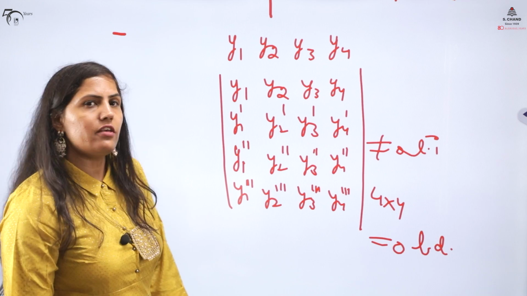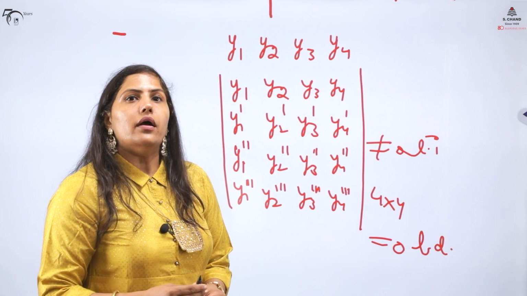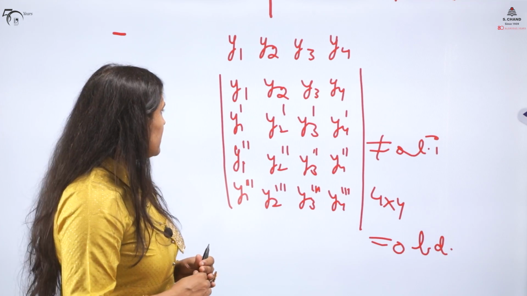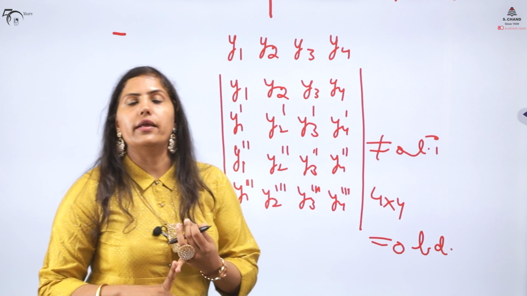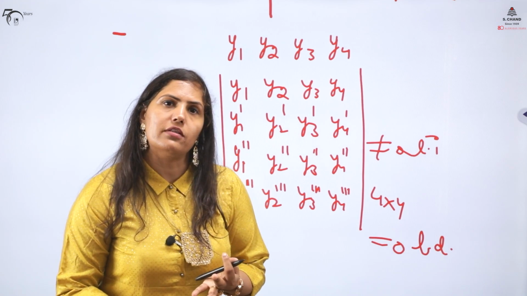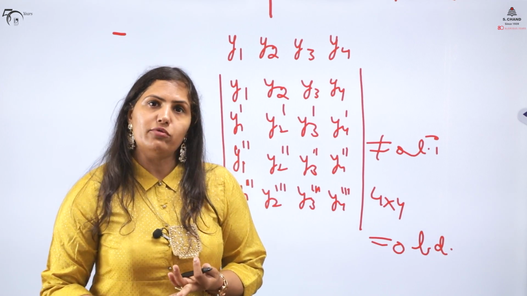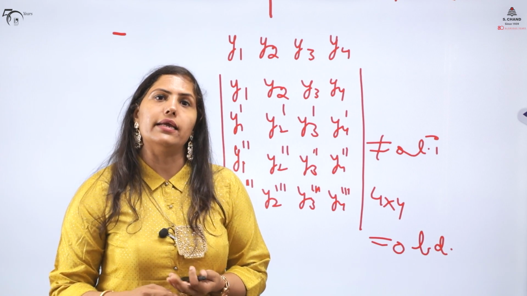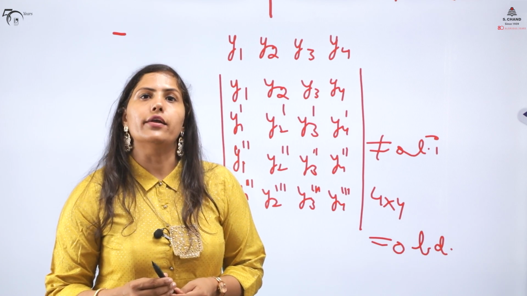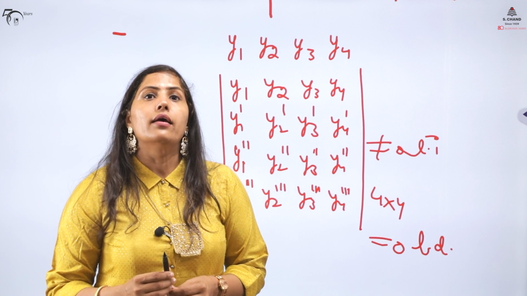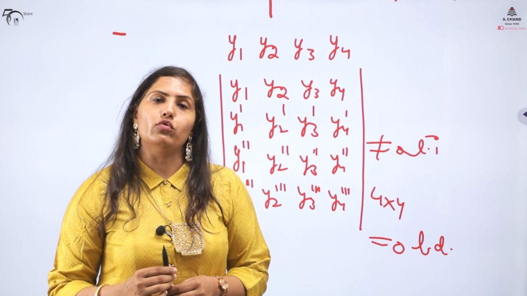So these are the basics of linear differential equations. Basically we have learned homogeneous and non-homogeneous linear differential equations, types of solutions, order, degree, linearity and non-linearity of differential equations, and linear independence by two methods.